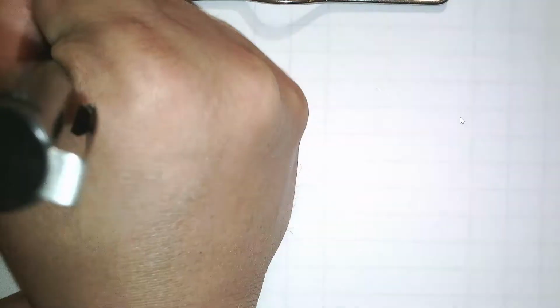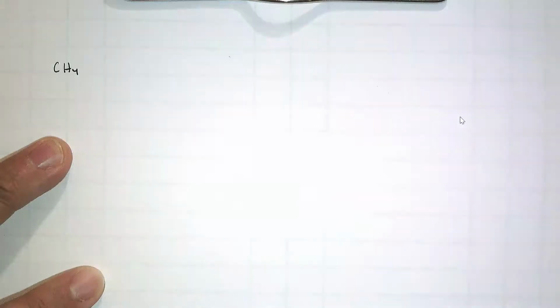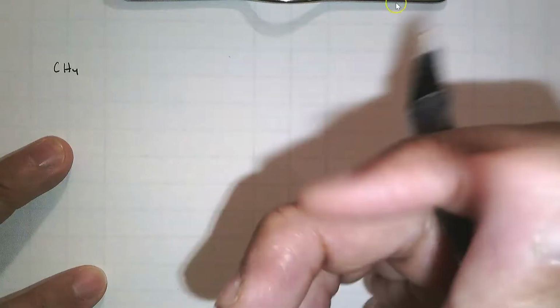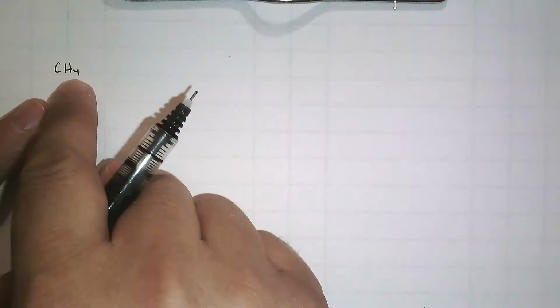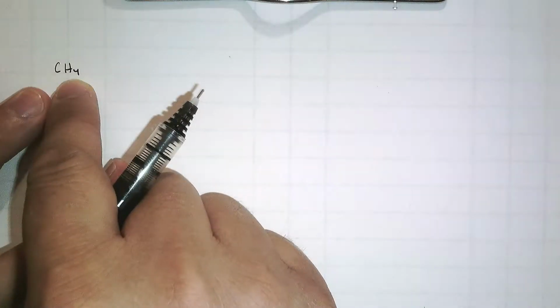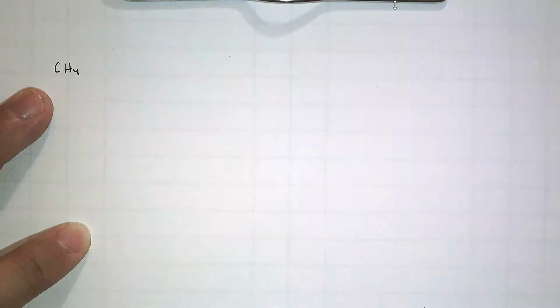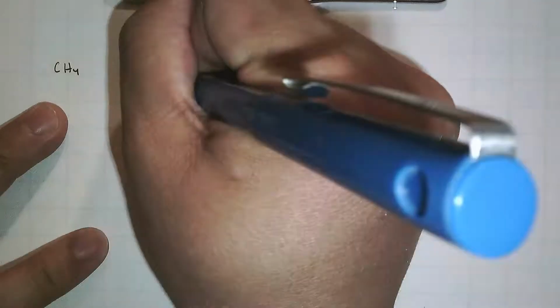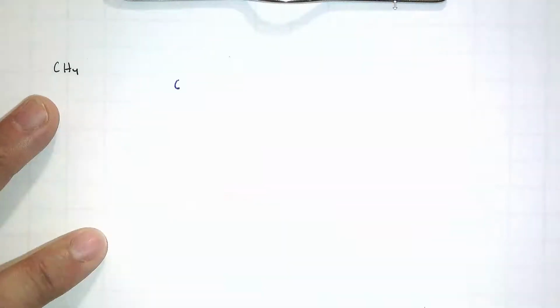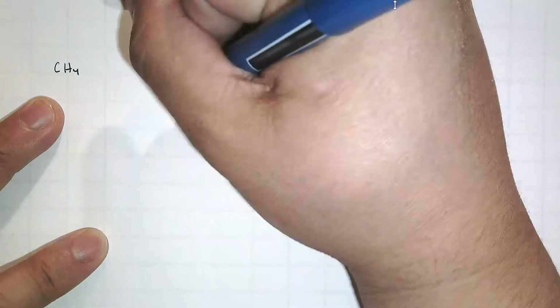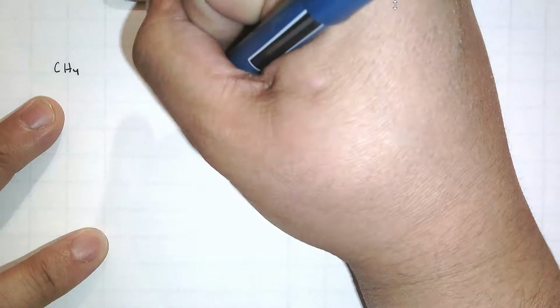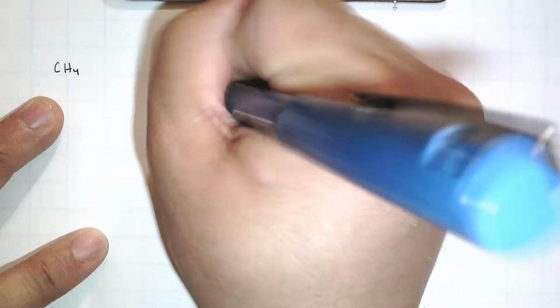The classic example for a tetrahedral shaped molecule is CH4. We know this as carbon tetrahydride, but organic chemists know this as methane. Not a huge deal, but now I'm going to show you how I like to draw this in 3 dimensions. So not only am I drawing the Lewis structure, I'm indicating some shape.